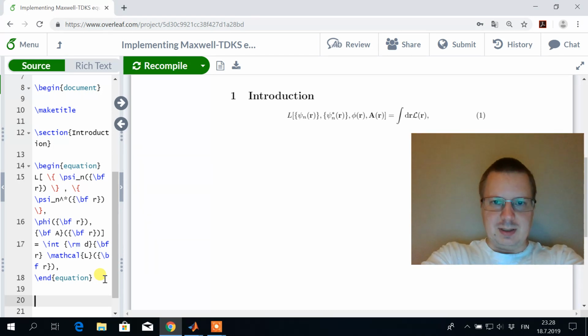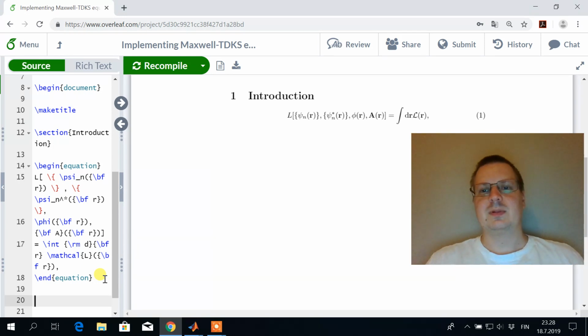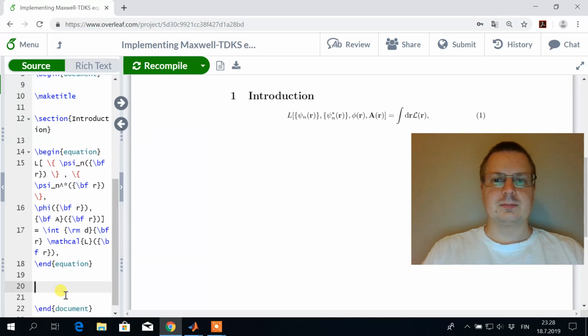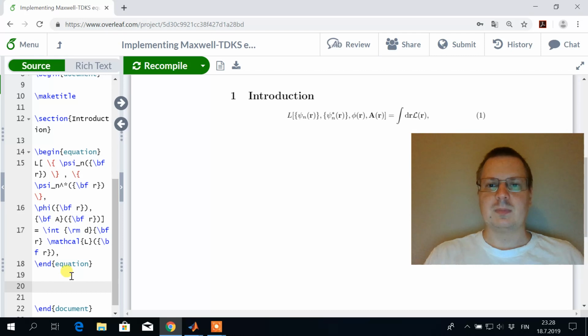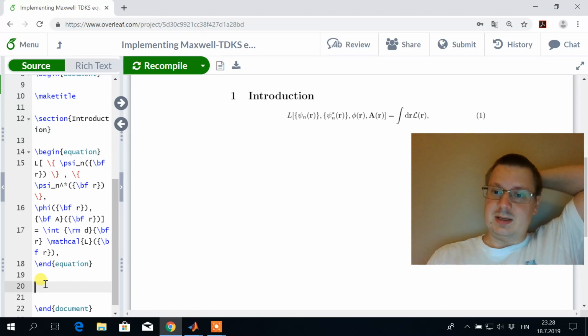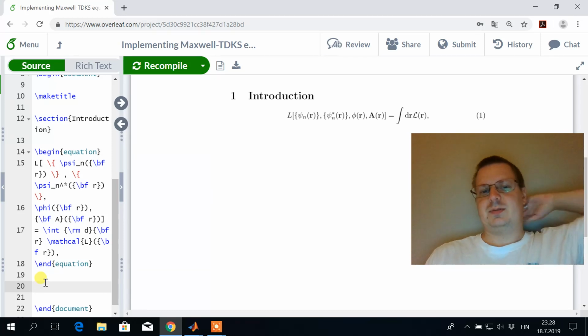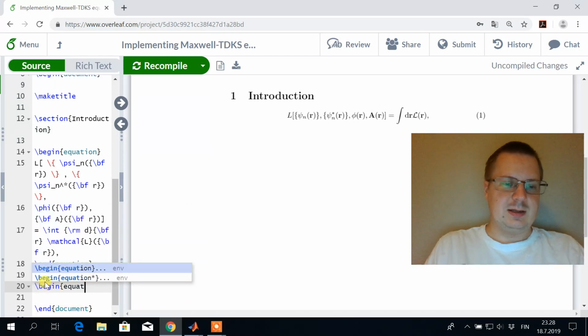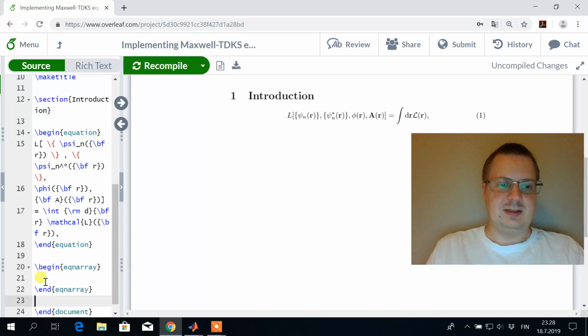There's the coupling between the wave functions and the photons, the Maxwell equations, and then there are the TD Kohn-Sham equations. We will do the individual parts separately, and then in the end just couple them, to make it a little easier, because I think it can get relatively tedious.